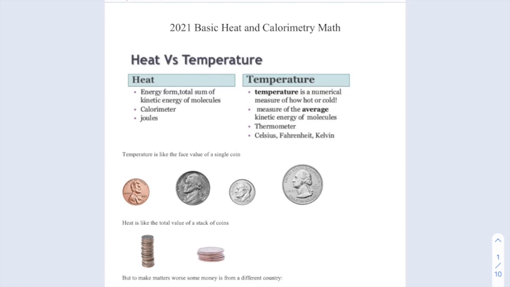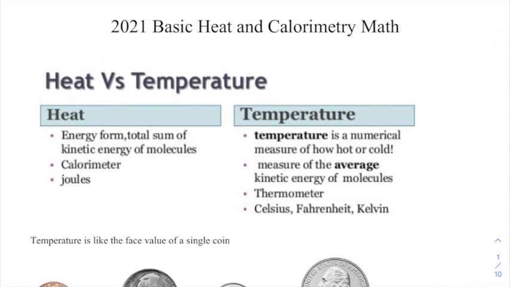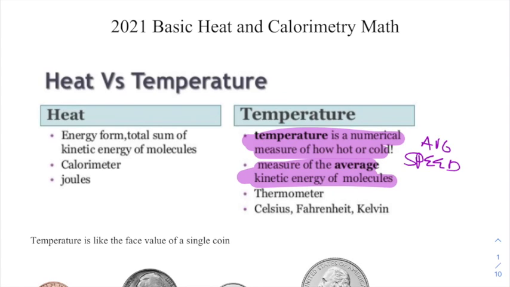So one of the most important things for us to know is that there is a difference between heat and temperature. Temperature is simply a numerical measure of how hot or cold something is. It is basically the measure of the average kinetic energy of the molecules that are in the sample, or if you want to put it another way, it is the average speed of the particles.